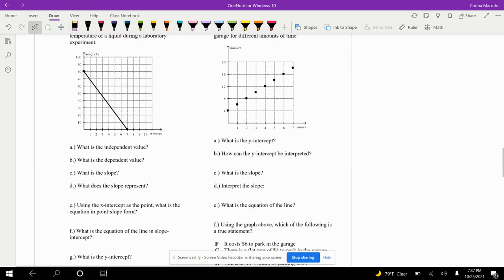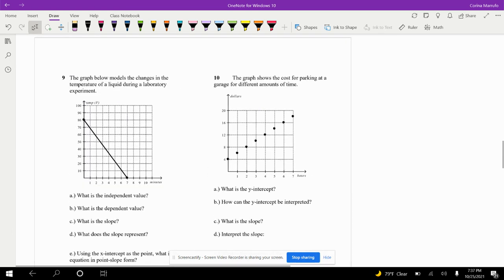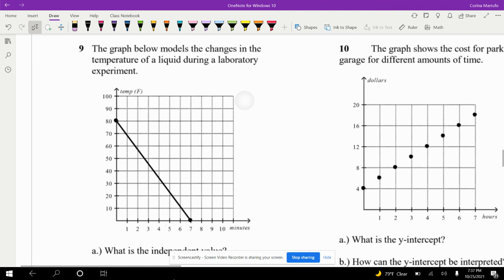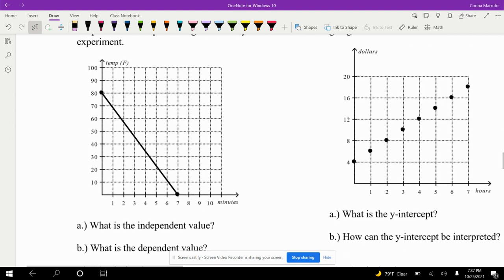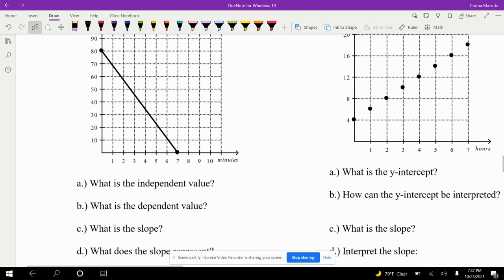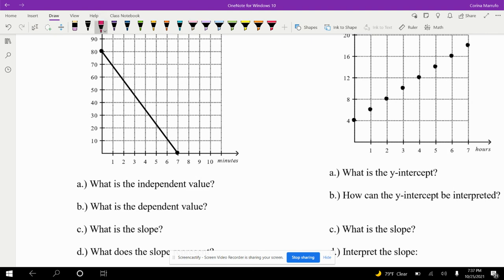Okay, just a few more problems. It's just 10 problems. The graph below models the changes in the temperature of a liquid during a laboratory experiment. So here's our graph. It says, what is an independent variable? So remember, independent, here we go again. X and Y went to the doctor and they needed their ID.